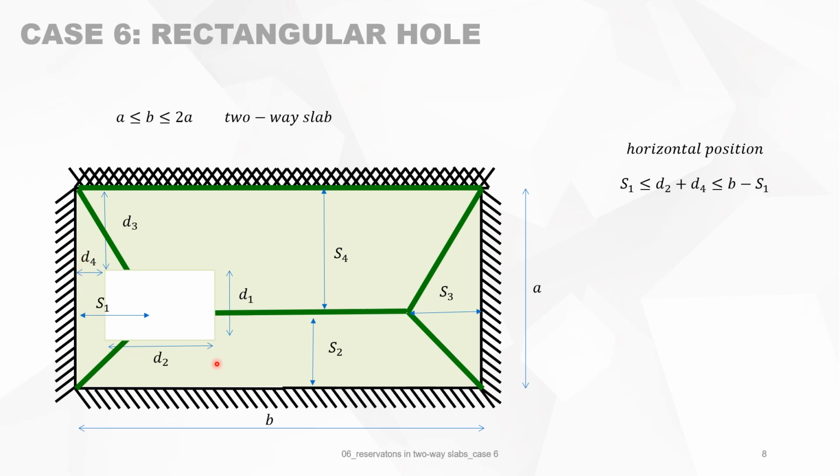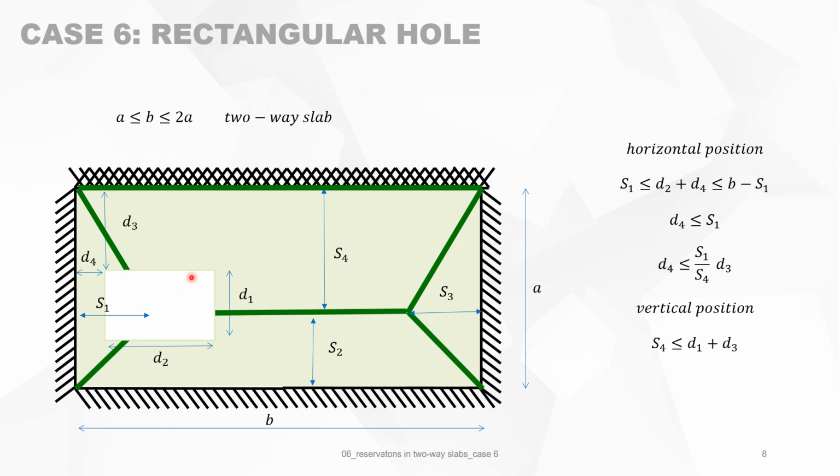D2 plus D4, so this is D2 and this is D4, this distance from there to there must be between S1 and B minus S1. And of course, D4 must be smaller than S1. Otherwise, this will be outside those yield lines. D4 is also smaller than S1 divided by S4 times D3.